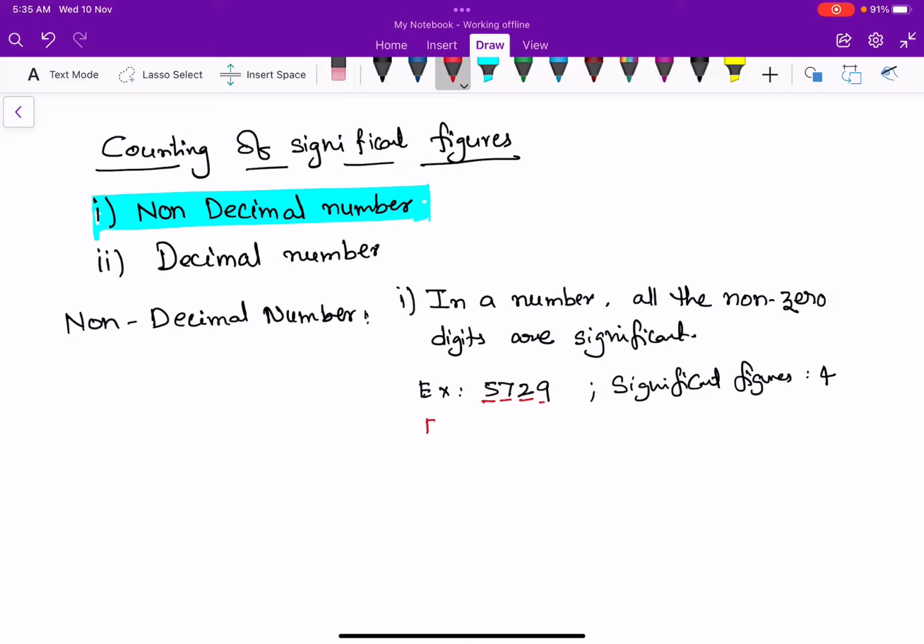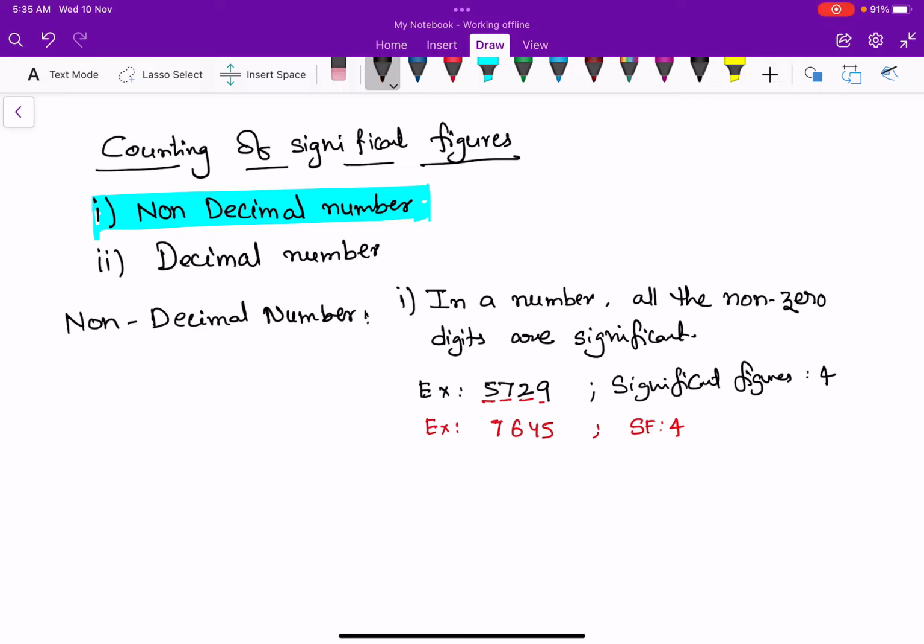Another example, let us say 7645. How many significant figures again? 4. They are non-zero digits.